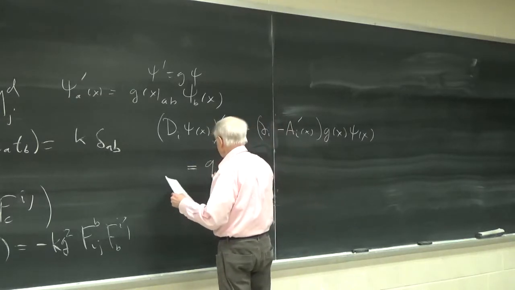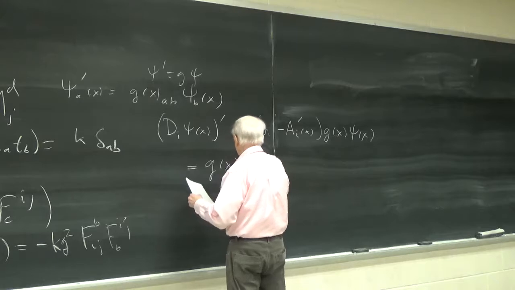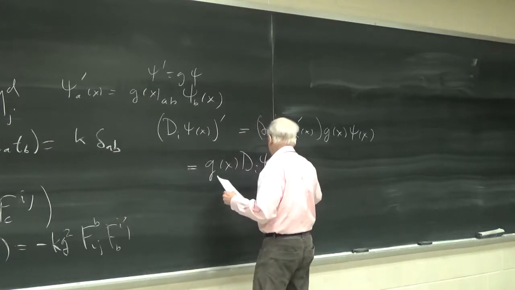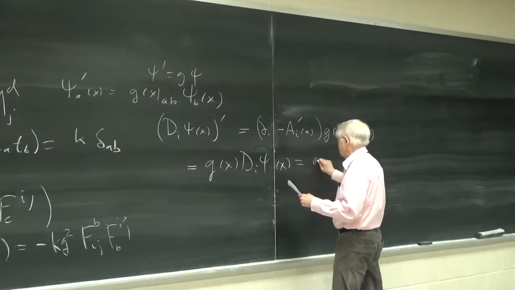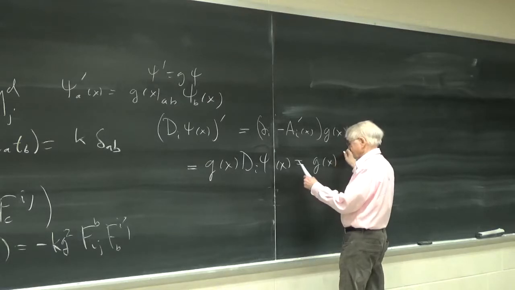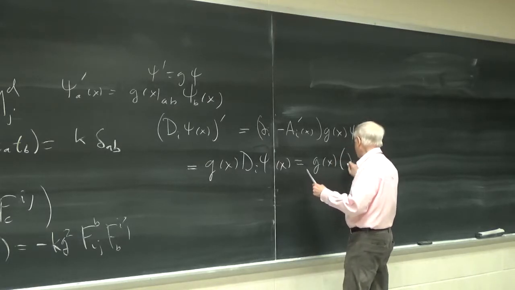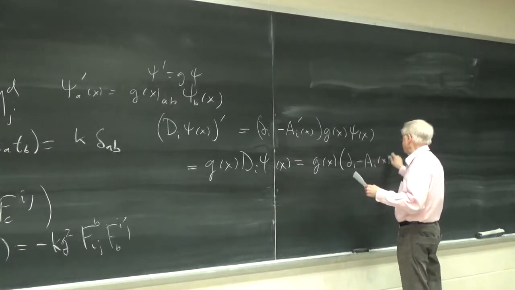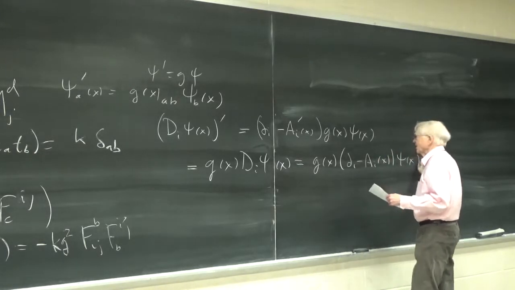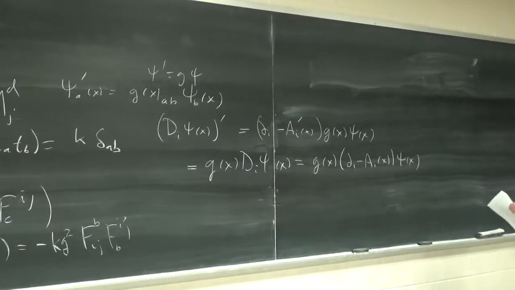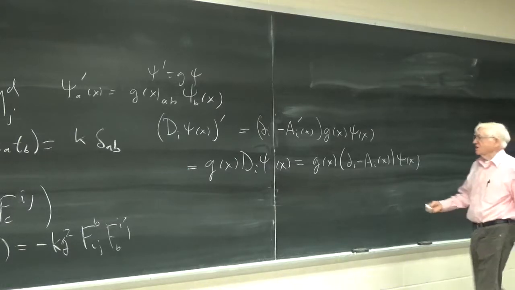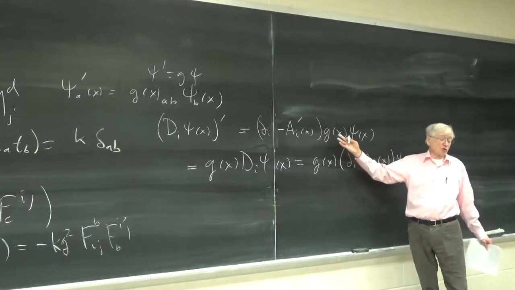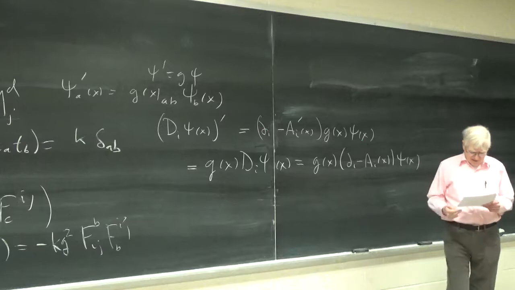We want this to be g of x times (d_i minus A_i of x) psi of x. I put in all these x's to emphasize that the whole point of the gauge theory is that it's invariant under local symmetry, so the element of the gauge group can vary with space-time position x.